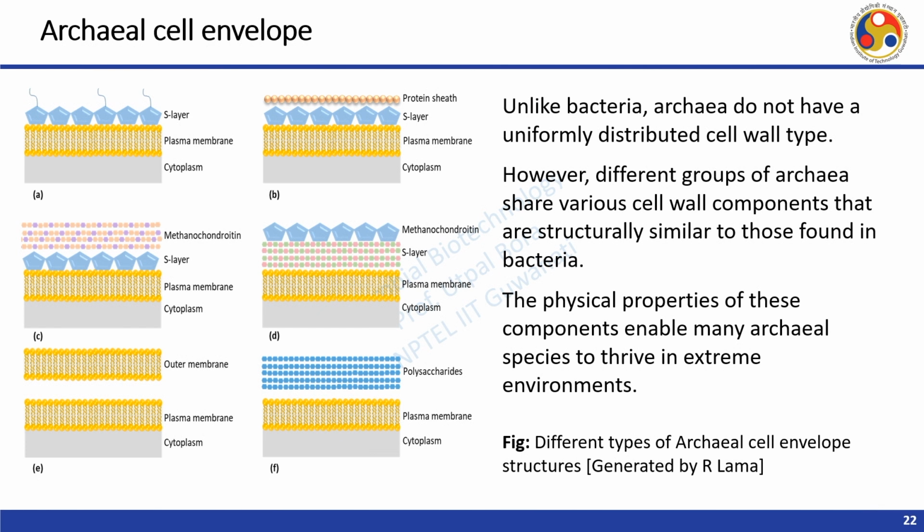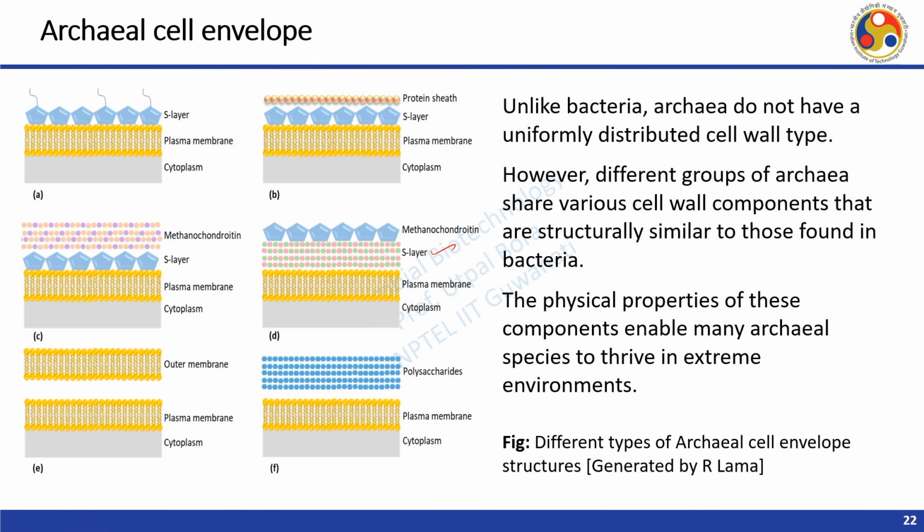In this figure, we can see different types of archaeal cell envelope structures from A to F. In A, for example, we have the S layer, which is also present in B, C, D, and then in certain cases, for example, a protein sheath in B. Then we have the plasma membrane present all throughout.